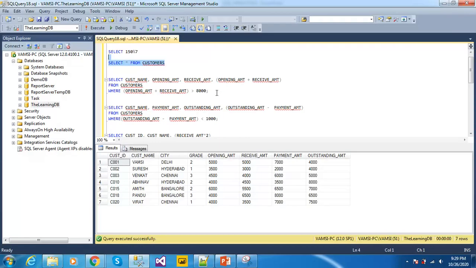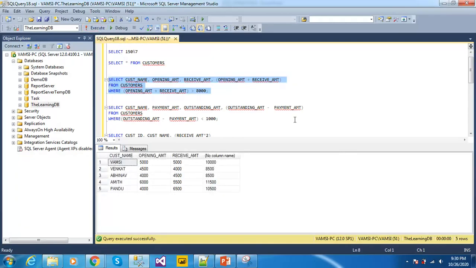So let us execute and see the output. I have got 5 rows totally where the opening amount plus receiving amount is greater than 8,000. These are the 5 rows.